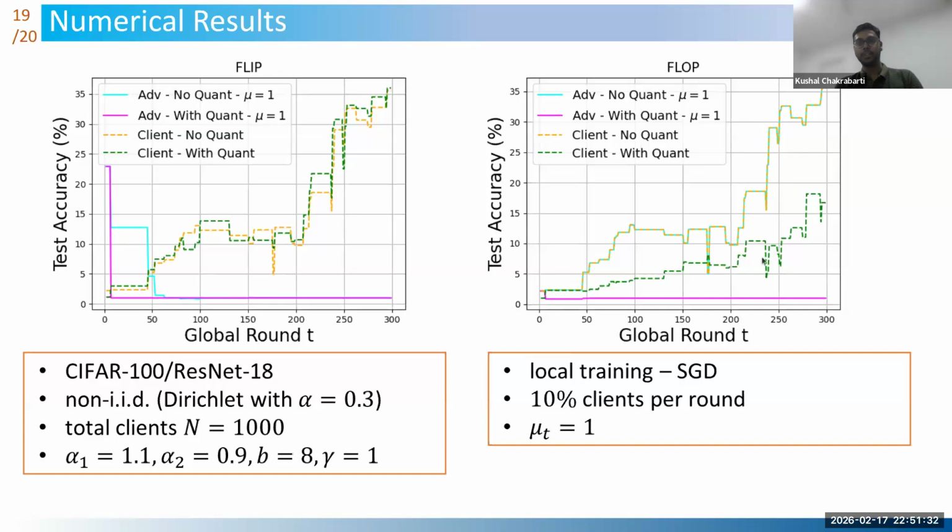That is what we predicted from the theory also, that flop is zero protected without any quantization. And if you implement dynamic quantization in this setting, the adversary's estimate drops again significantly, from a perfect estimate to nearly 1% accuracy. There is also a drop in the model utility between this dotted green curve and dotted orange curve.